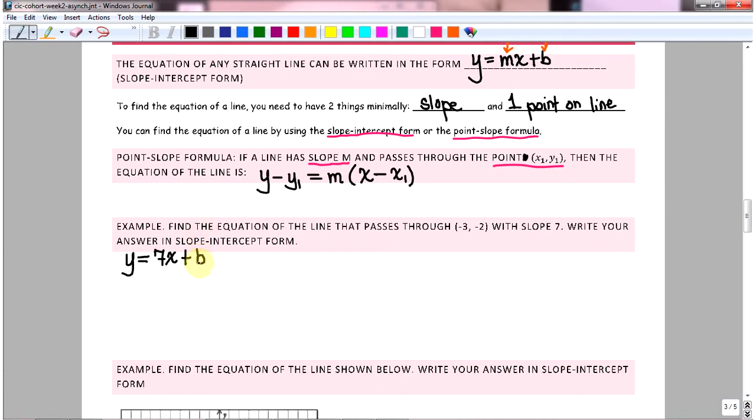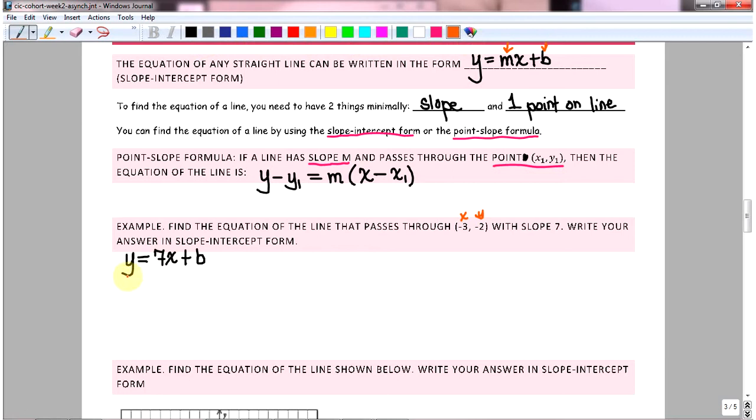Well, to figure out what b is equal to, we need to use a point that we have on our line. And we're going to plug the x-coordinate, -3, in for the x, and plug the -2 in for y. And that's going to enable us to figure out what b is equal to.